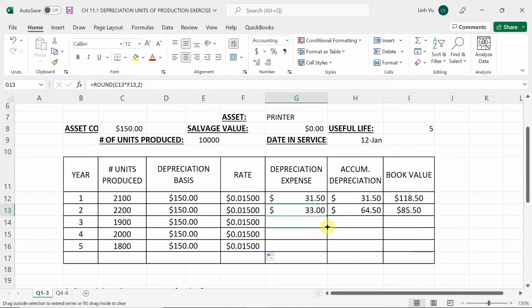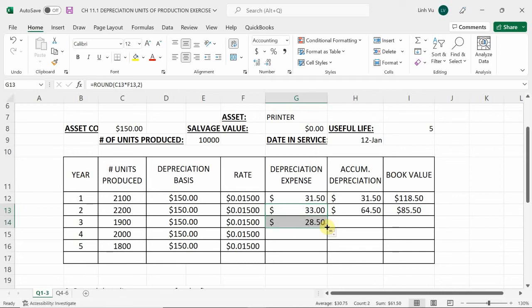So if I produce 1,900 units for year 3 at 1.5 cents, how much is my depreciation expense for year 3? I got 28.50. Good, right?